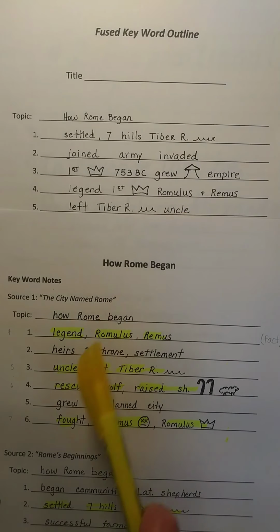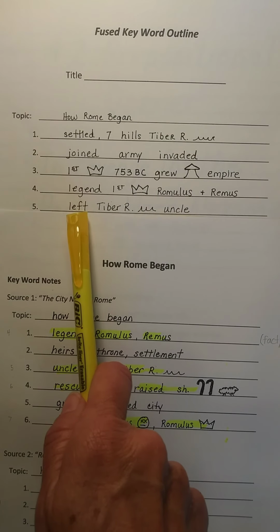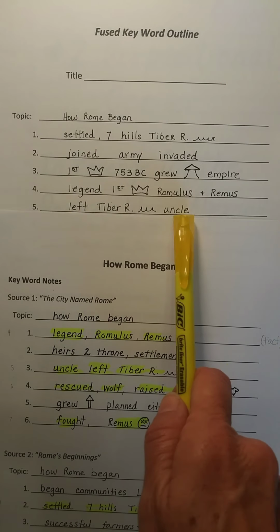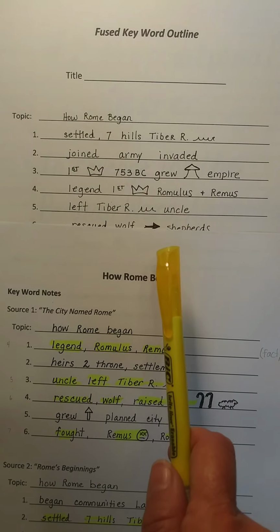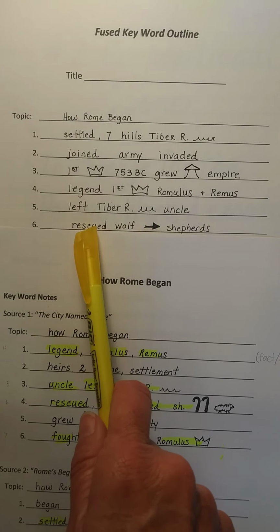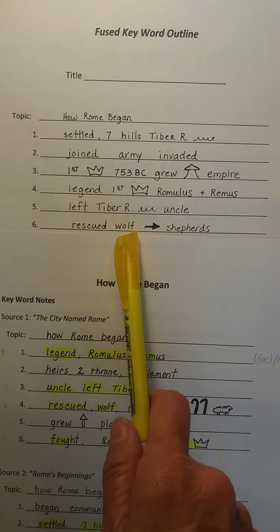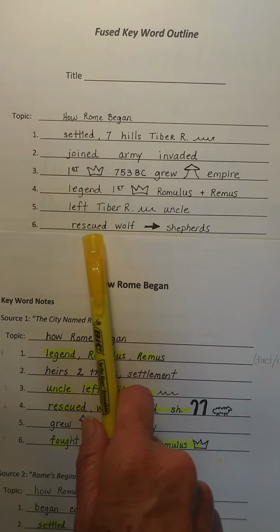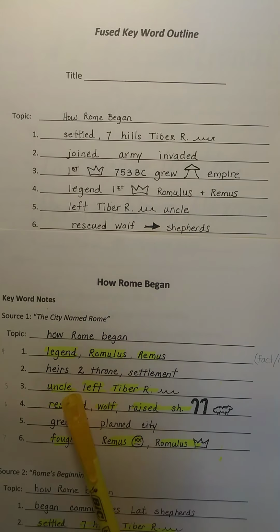And notice how I changed the word order from uncle left Tiber River to left on Tiber River by uncle. You can word it however you like. Then I'm going to mention that they were rescued by a wolf. This is the most famous part of this legend because it seems so strange. And raised by shepherds. Okay, that's from here.